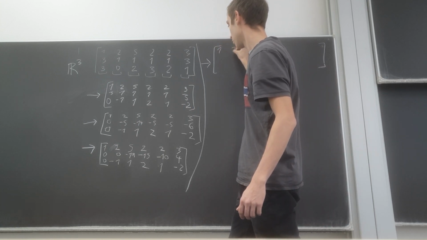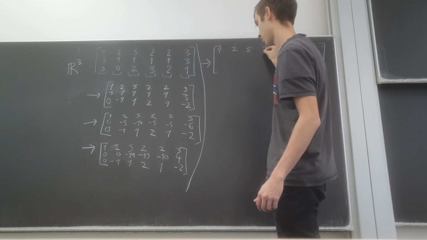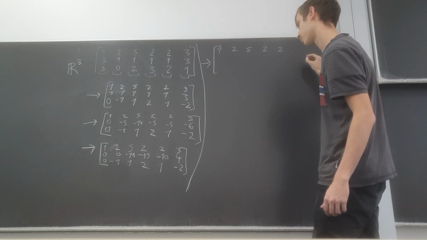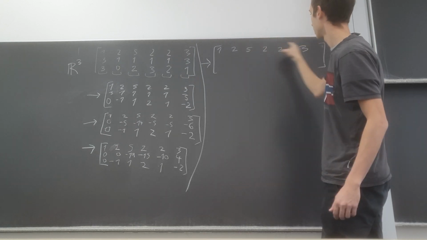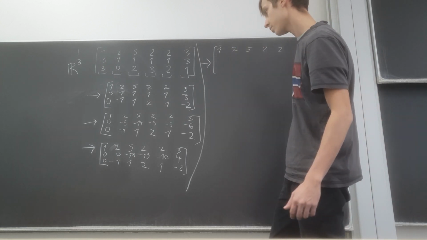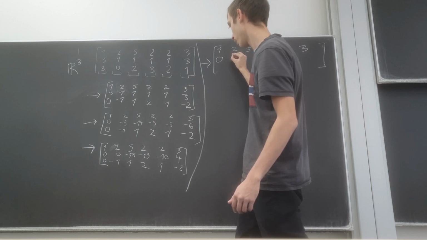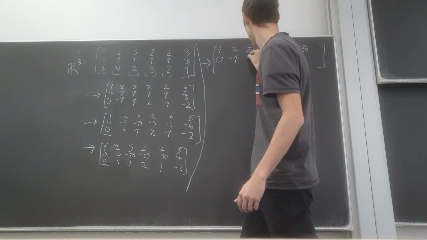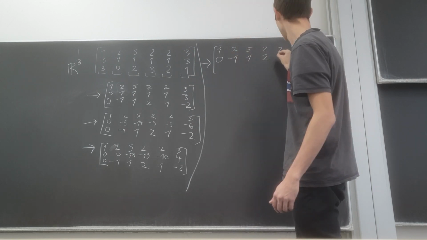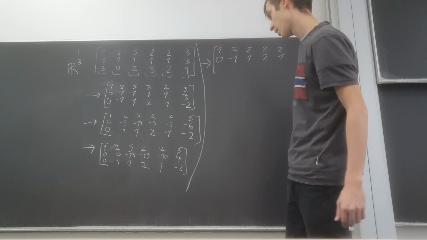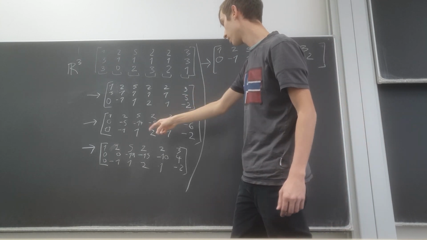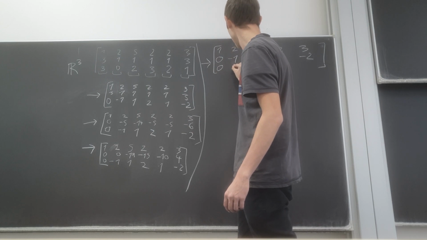So 1, 2, 5 won't get changed. See, 6 columns. Then I will put the third row in the place of the second one. And then, yes, I will put the middle one at the bottom.